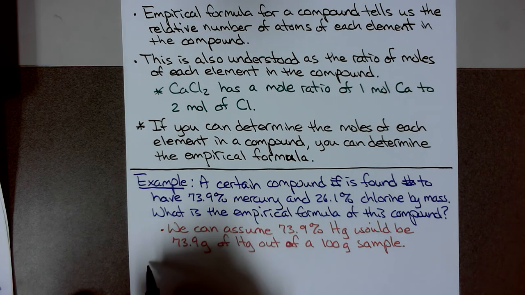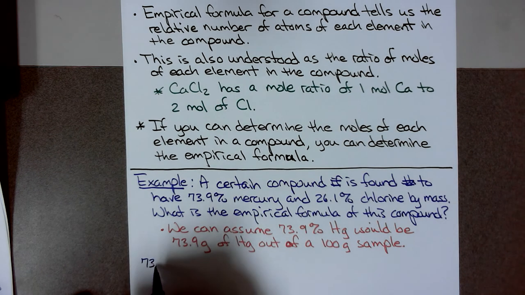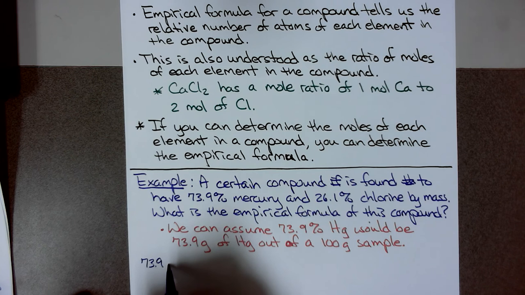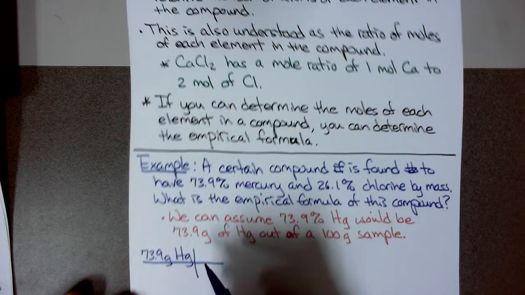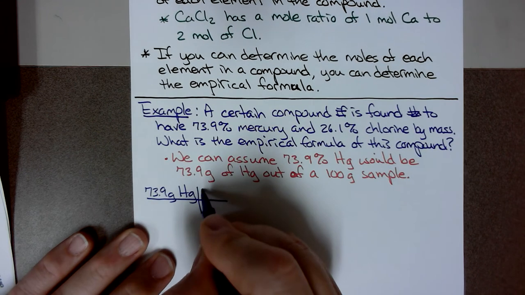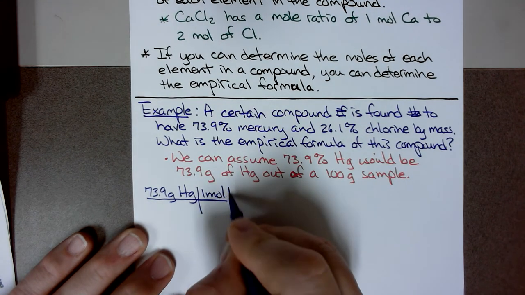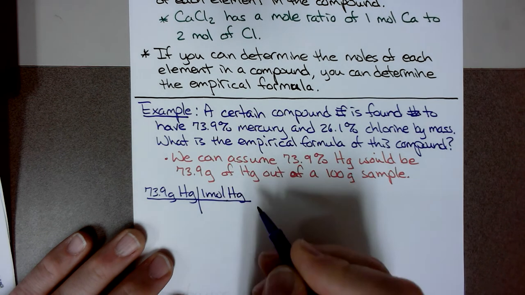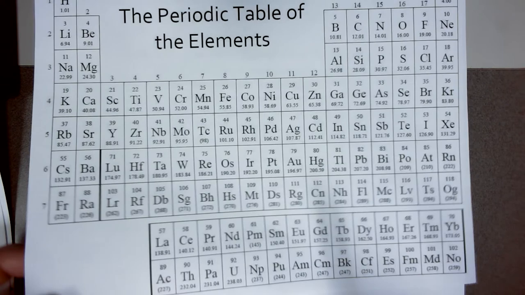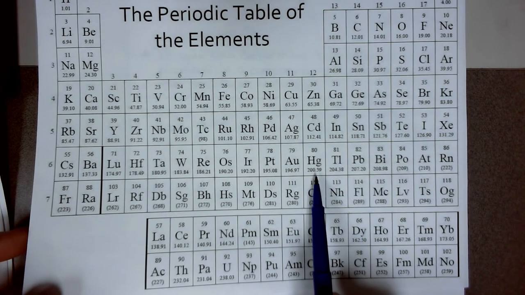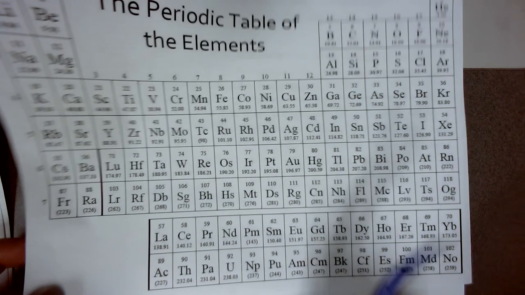So I have 73.9 grams of mercury, and I'm going to go to the mole, and the way I do that is convert using molar mass. So we know that 1 mole of mercury has a molar mass, so I go to the periodic table, and I have mercury right here, so it's 200.59.